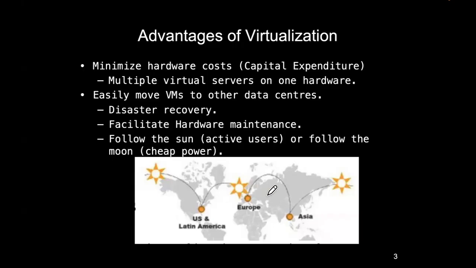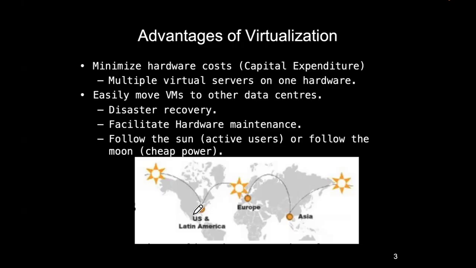So if we just take Europe and America, for example, there might be users in both continents using your application at the same time. So you would have one data center in the US serving the US customer base. You'd have another data center with your VM serving your European user base. So you'd have duplicate copies, and that enhances scalability.